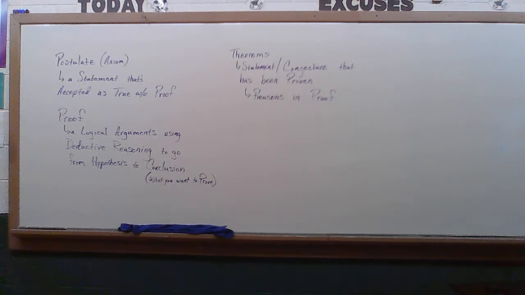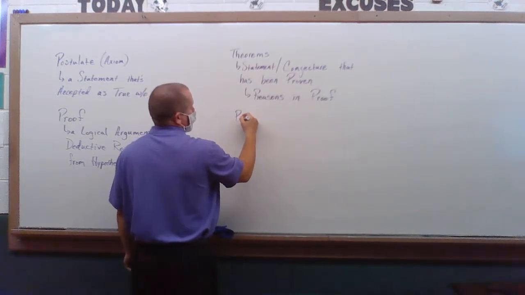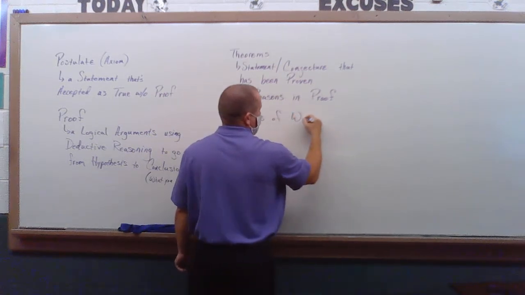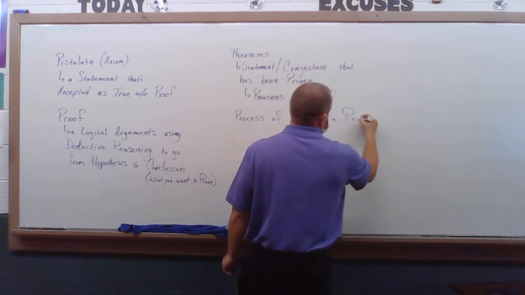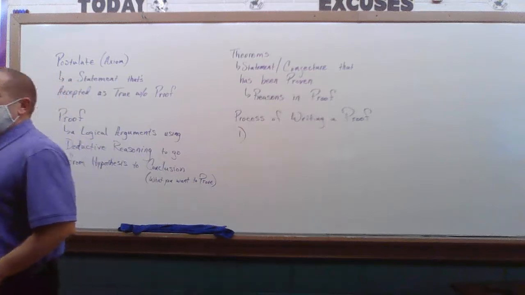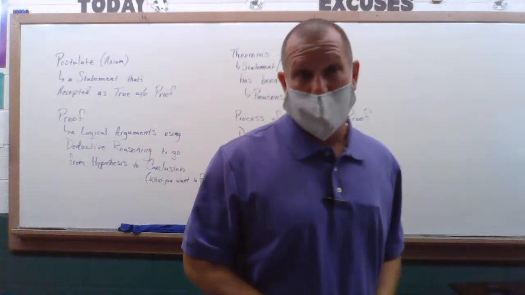Okay? So, how do I write a proof? Process of writing a proof. Number 1. Ladies and gentlemen, if you don't get this part right, I'm going to throw my marker at you.